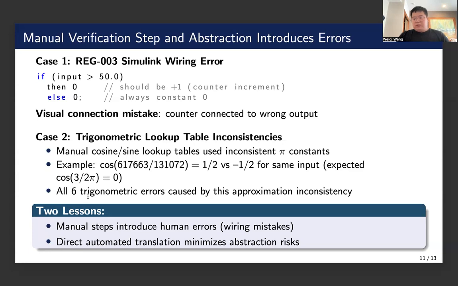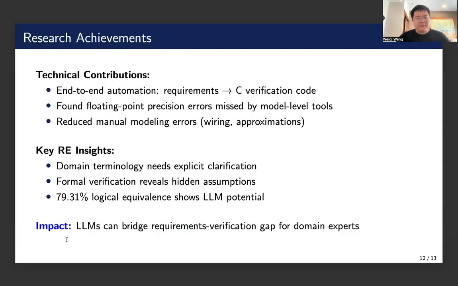And all the sign errors are caused by the approximation inconsistency. So we got two lessons: manual steps could introduce some error, and when humans manually abstract some code, it could also introduce some error.